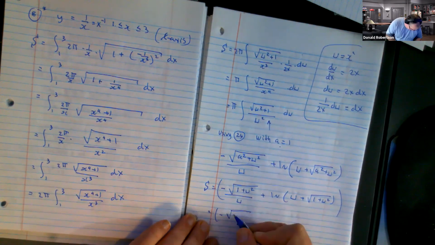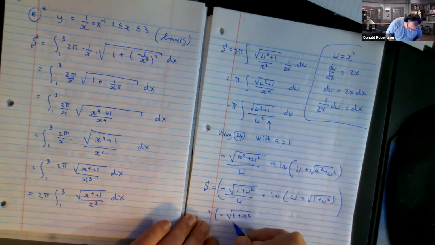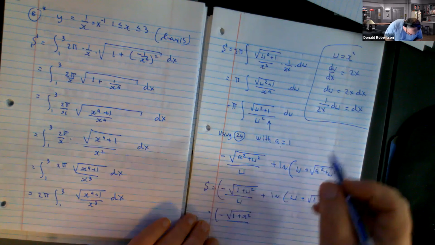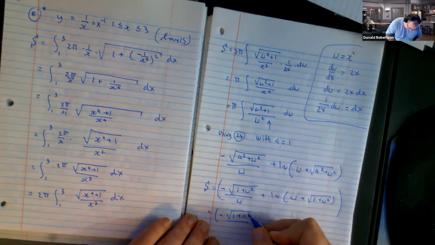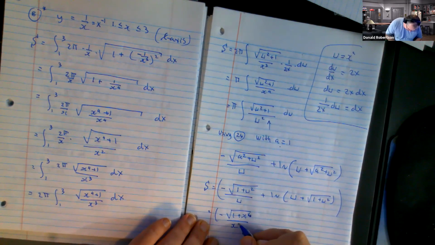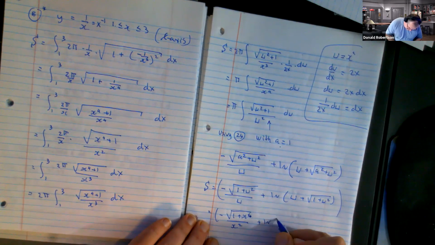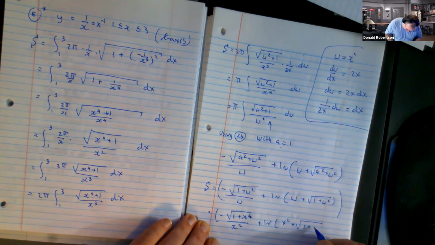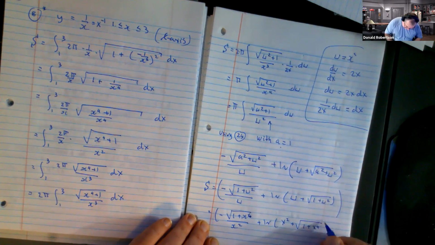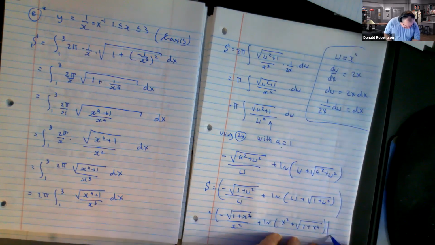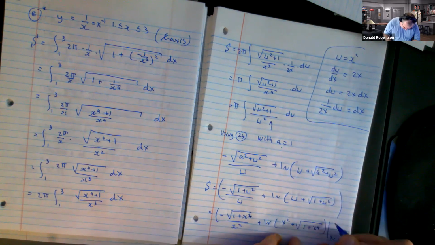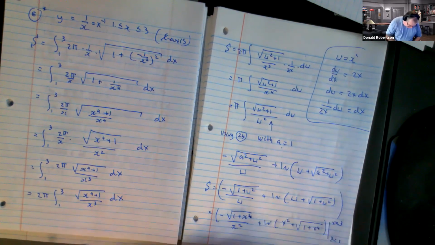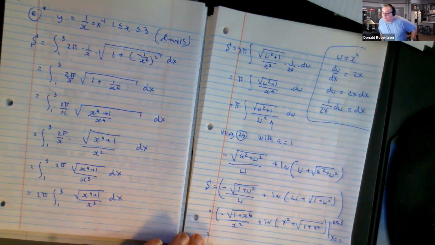So it's the square root of 1 plus x squared squared, so x to the 4, over x squared, that's better. Plus the natural log of x squared plus the square root of 1 plus x to the 4. And that's the expression that we will evaluate at 1 and at 3. And God, that's an ugly answer, but it is the answer.